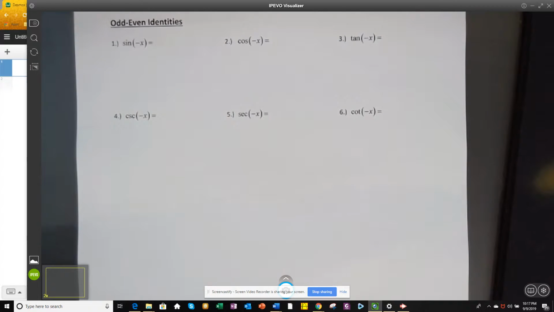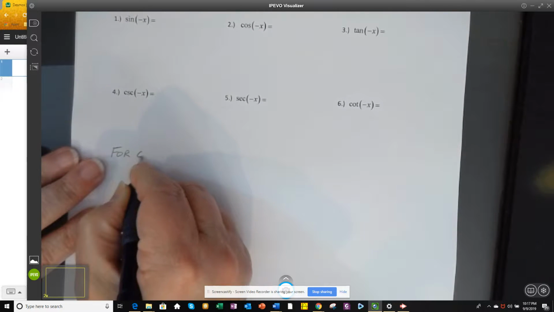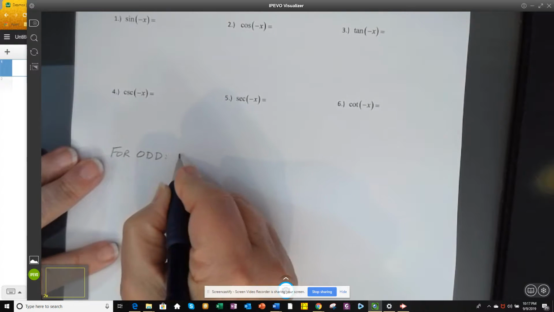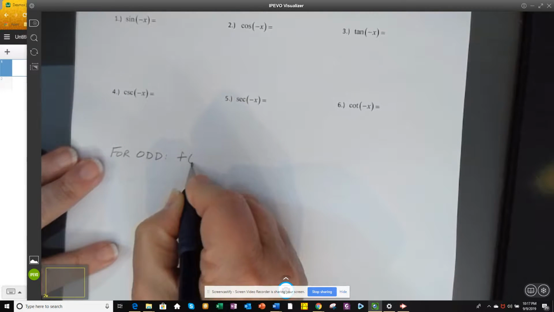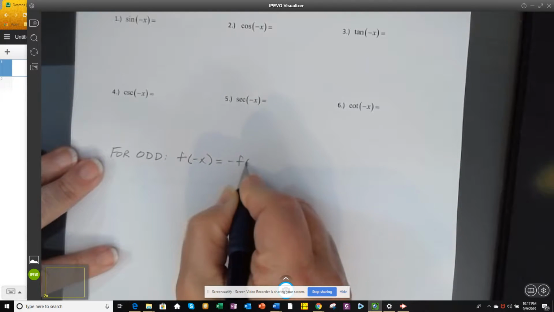Okay, so let's review what it means for a function to be odd. Remember, back in the day in Honors Algebra 2, you would do f of negative x equals negative f of x.